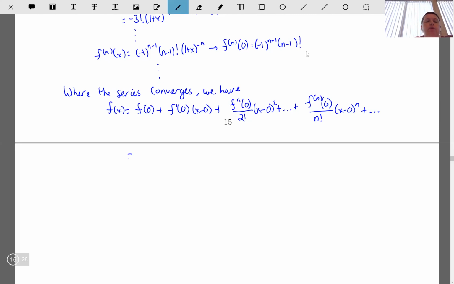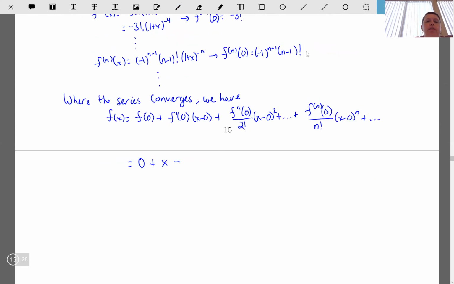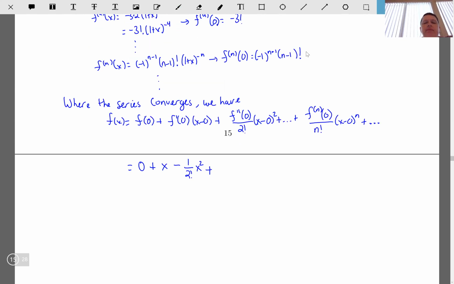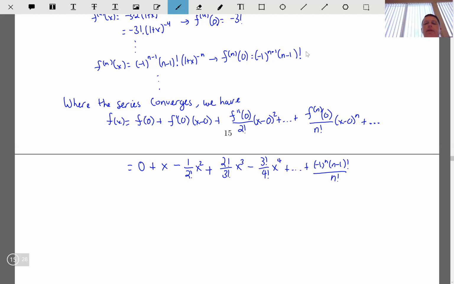Okay, so I have 0 plus 1 times x minus 1 over 2 factorial x squared plus, I think I'll put the next one in too, 2 factorial over 3 factorial x cubed minus 3 factorial over 4 factorial x to the 4th, and so on, negative 1 to the n minus 1, n minus 1 factorial over n factorial x to the n.